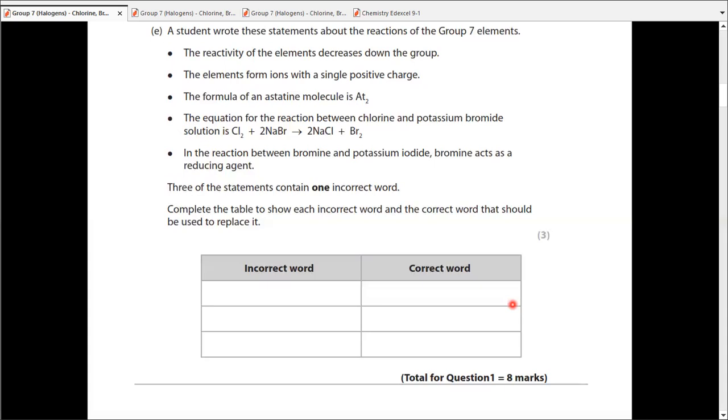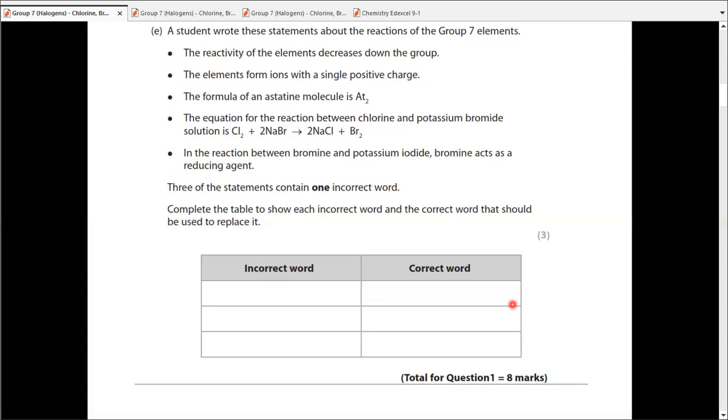Right, right. They're writing potassium, but the symbol is for sodium. They're trying to fool you, but you clearly found the problem and got us the correct word. Moving on to the last statement.